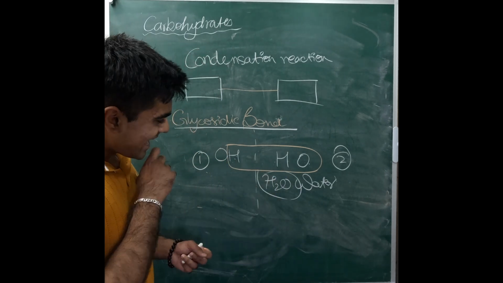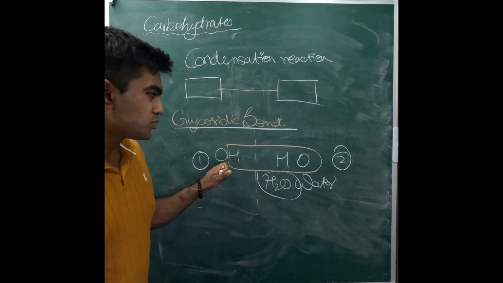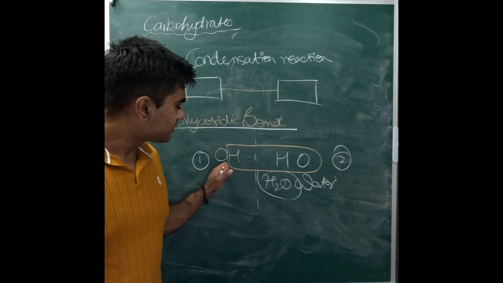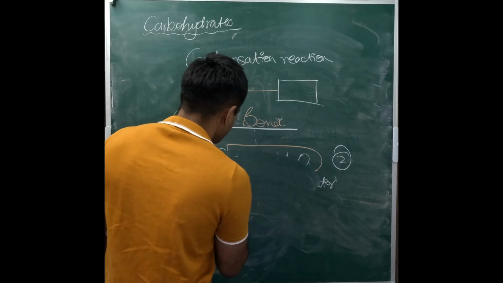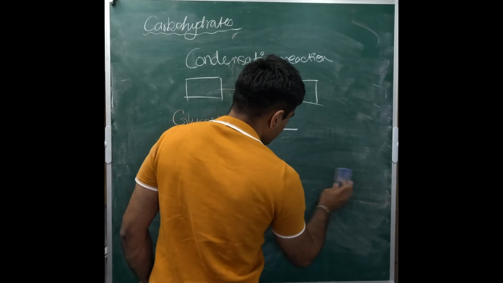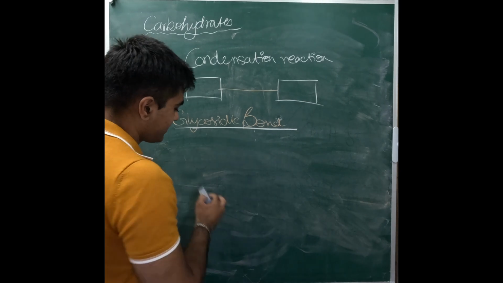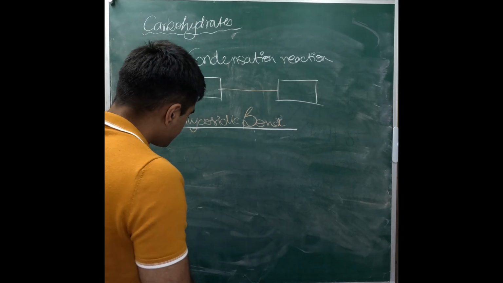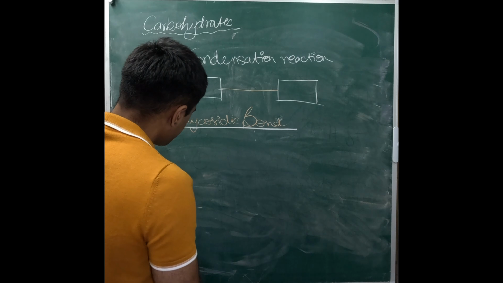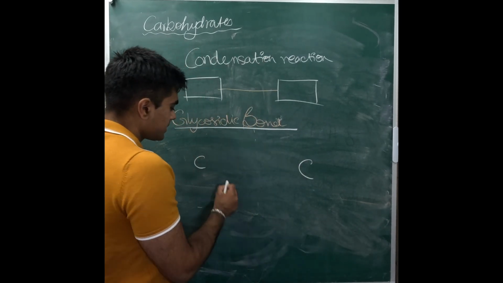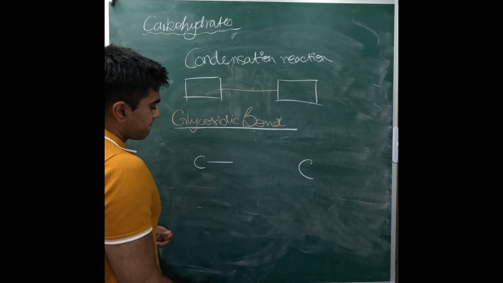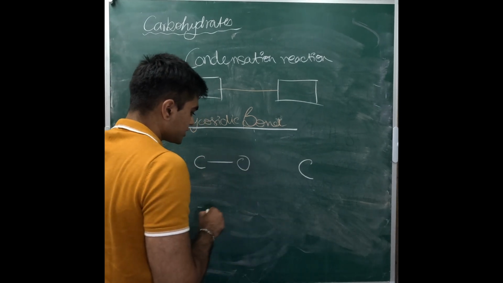Now you're going to be like, yeah, that's cool, but there's one oxygen left on one of the carbohydrates. So what happens? This is very interesting. There's a carbon on one carbohydrate and a carbon on the other, and on one of them we have an oxygen left.